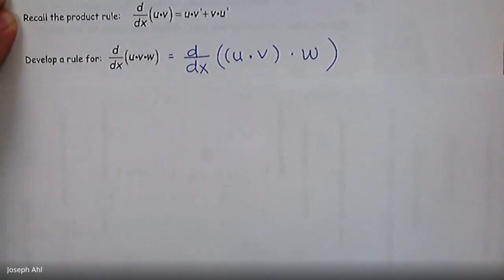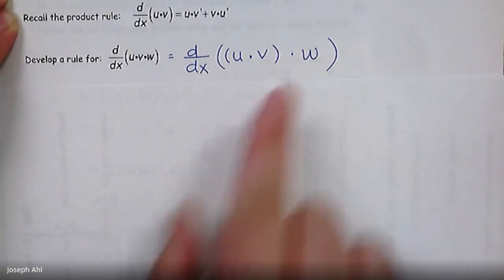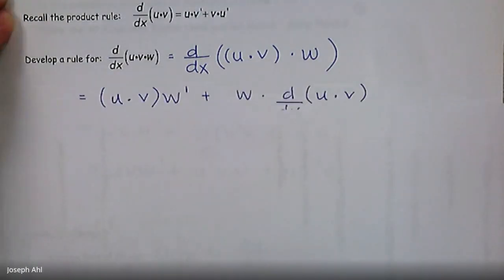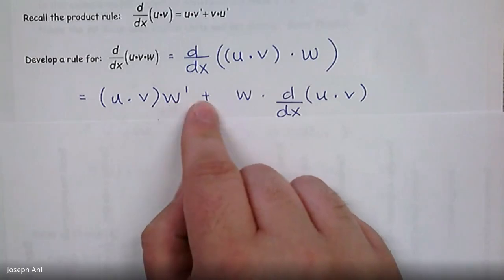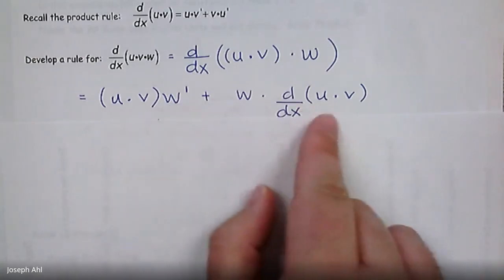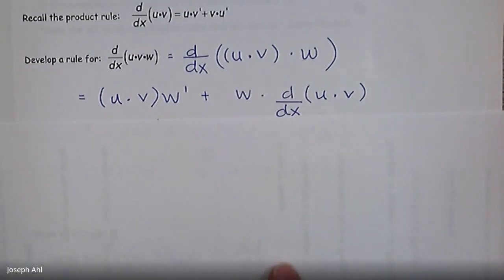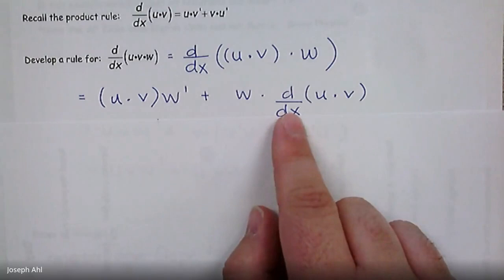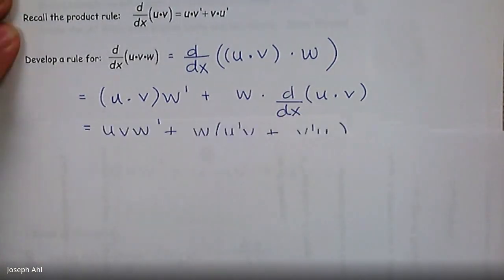Here's what I came up with. If I applied the product rule to uv times that second quantity w, I wound up writing it as the first times the derivative of the second plus the second times the derivative of the first. And I know sometimes we reverse that order, but with the sum, we can switch the order and not worry too much about that. Since we have a derivative of a product here, we have to use product rule again.